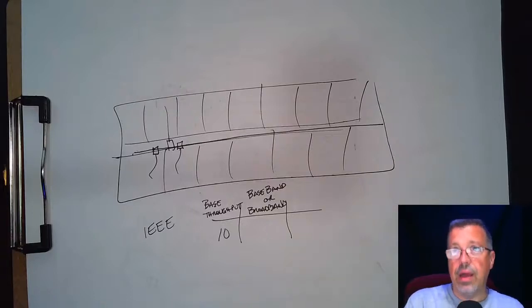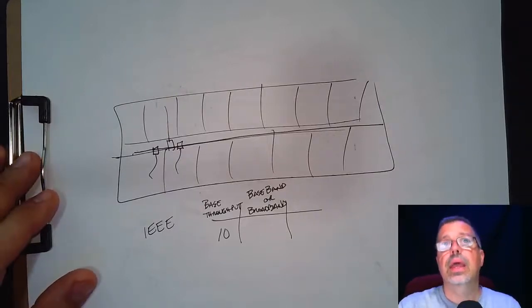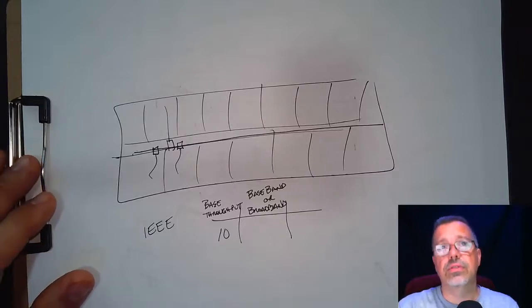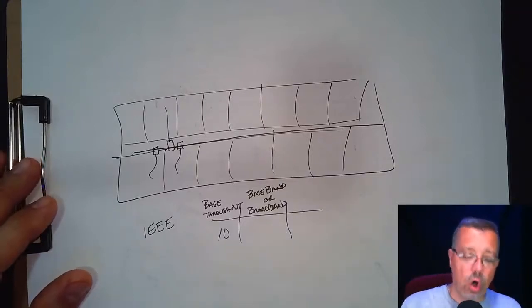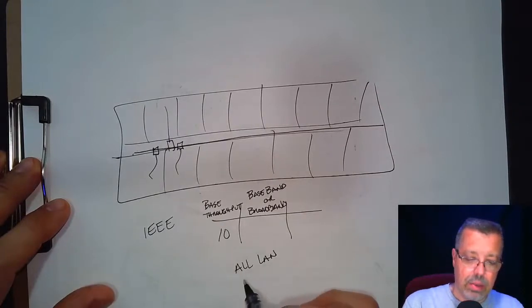You can't turn the faucet one way and get one thing, and turn the faucet the other way and get something else. There's no tuner. So anything with a tuner would be broadband, and anything that does not have a tuner is baseband. So all LAN communication.